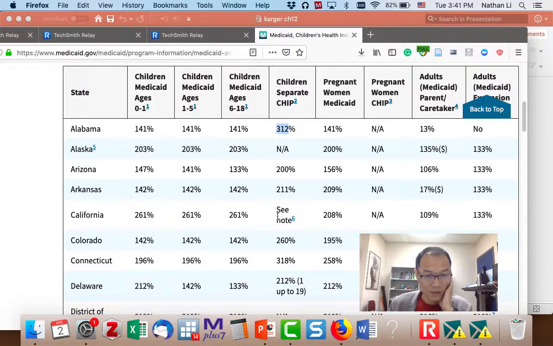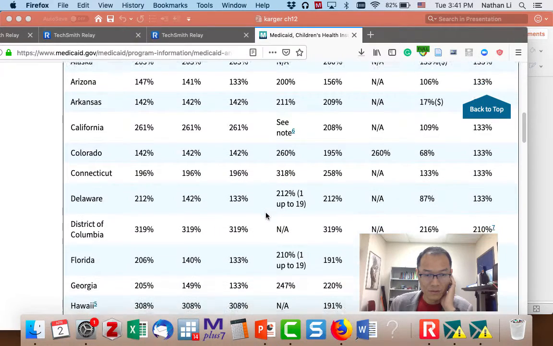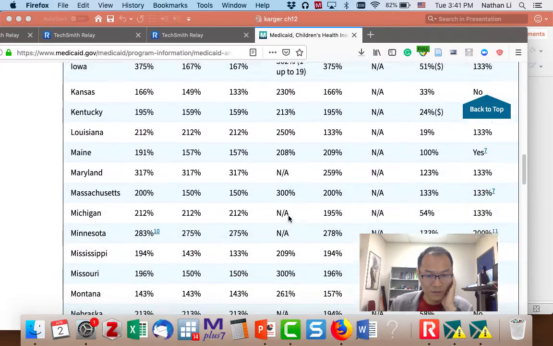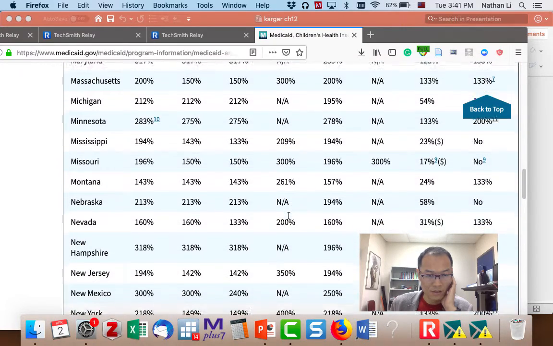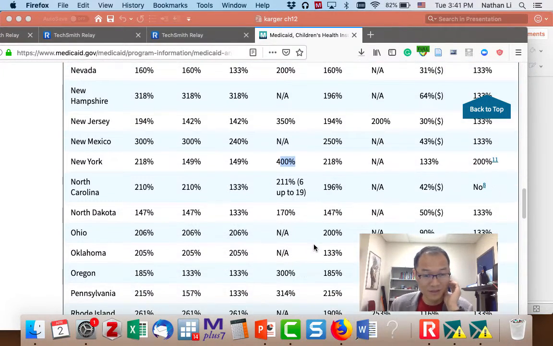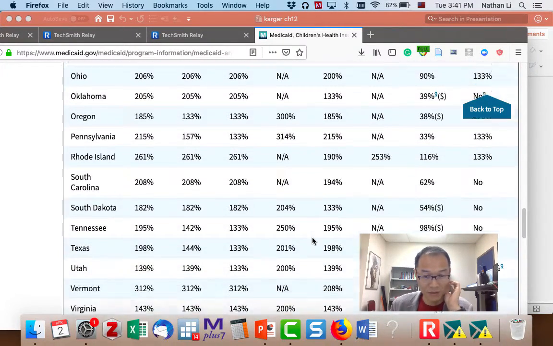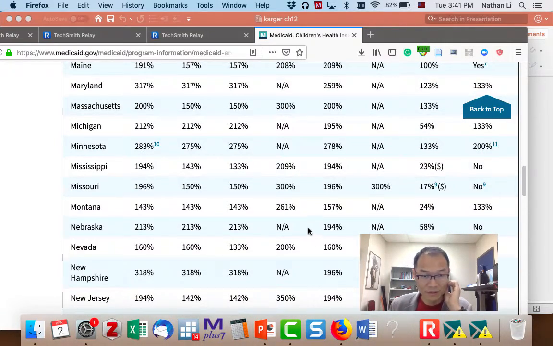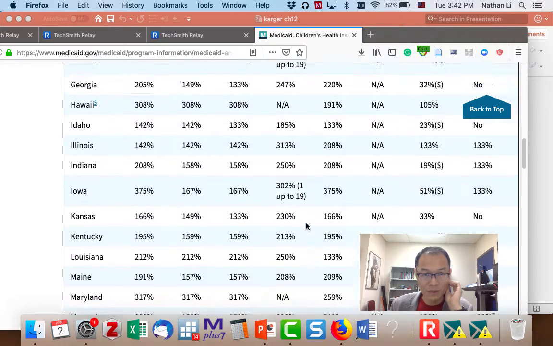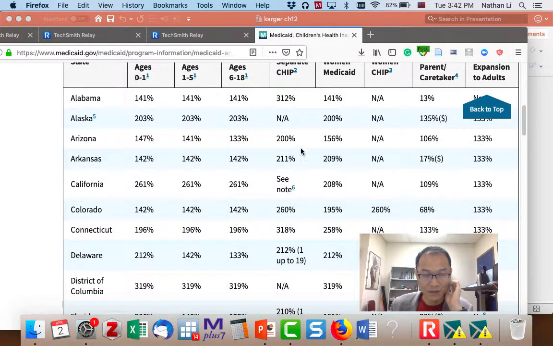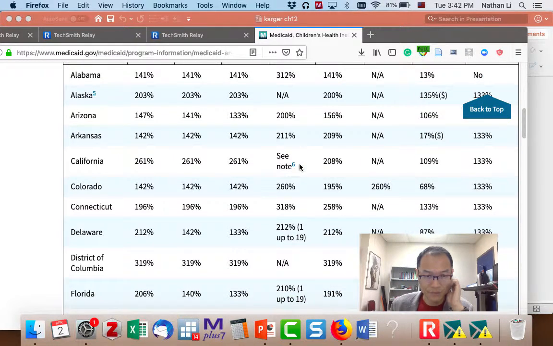Okay. California, I don't know, it says C note. Let's see. Illinois is 313. New York is 400%. Well, New York is the most generous state in this category. Okay, but at least each state covers 133%. Actually, all the states are above 133.